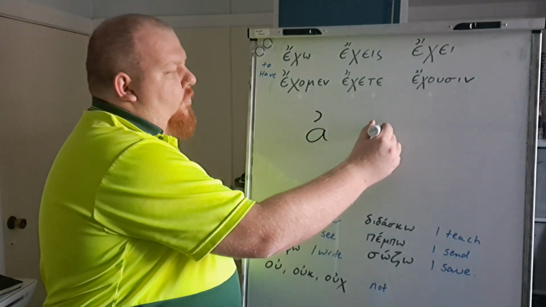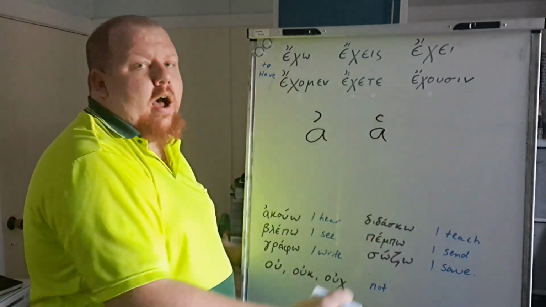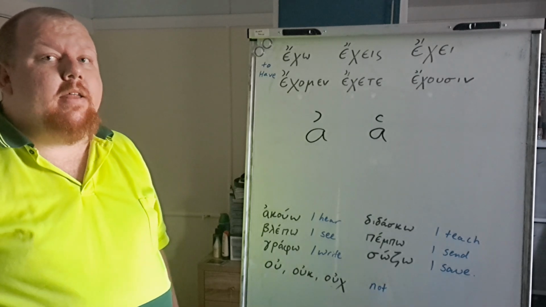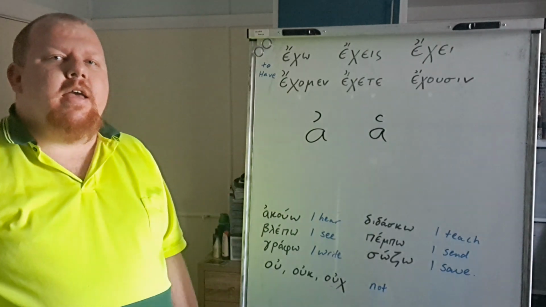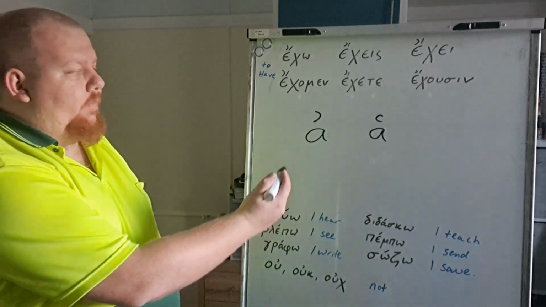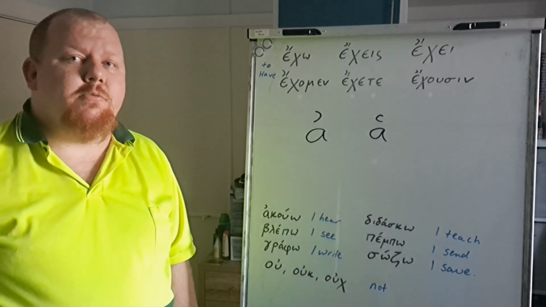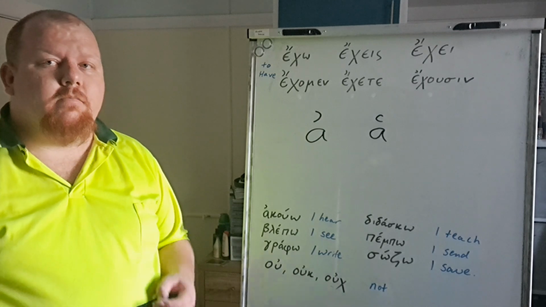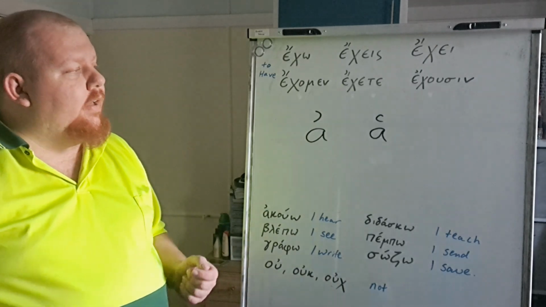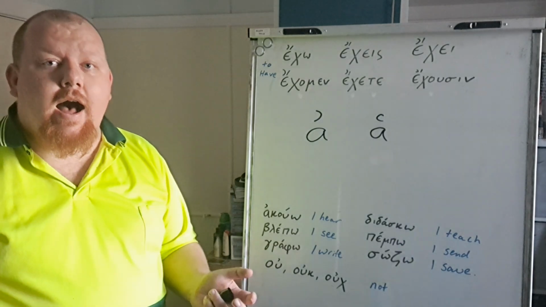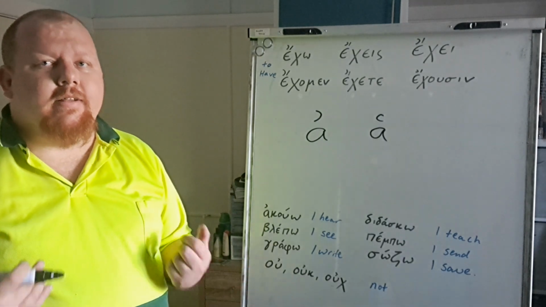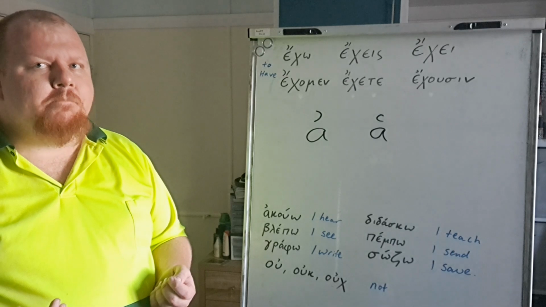If it is followed by a rough breathing, now using modern Greek pronunciation, we don't pronounce the distinction. In Erasmian Greek, this is unaspirated, which means you pronounce it as you normally would. And this is rough, which means you pronounce it aspirated, which is ha. That's if you're using Erasmian Greek.